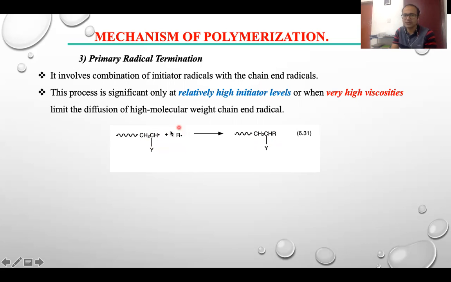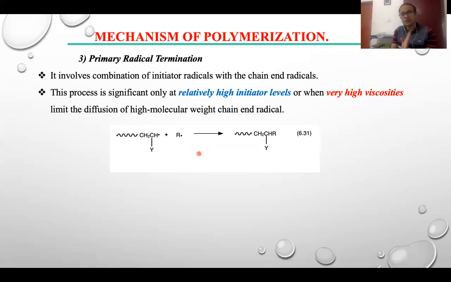Here your initiator itself combines with the growing chain radical, thereby neutralizing it. So this is the third process, apart from the coupling as well as the disproportionation: combination with the primary radical.